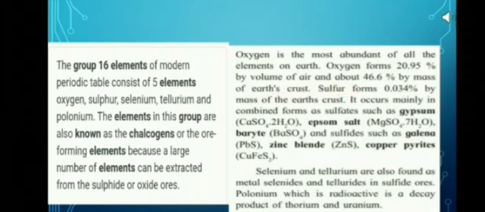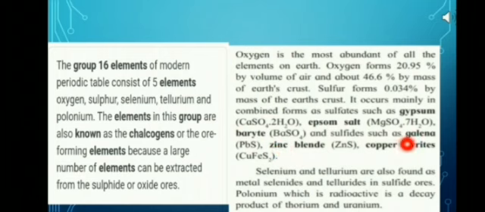Similarly, sulfur forms 0.034% by mass of the earth's crust. It occurs mainly in combined forms as sulfates. Gypsum is hydrated calcium sulfate. Epsom salt is a hydrated magnesium sulfate. Then barite, that is barium sulfate.